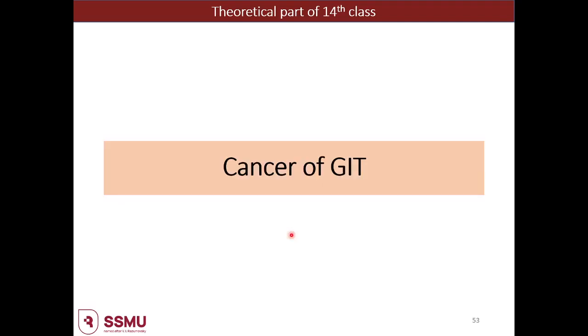Cancer of the gastrointestinal tract. In the start of our lecture, we discussed special cells which are typical for the mucosal layer of different parts of the GIT, and I hope you remember tumors. We have already discussed it, and you know about the source of growth in any parts of the stomach or any parts of the GIT system.